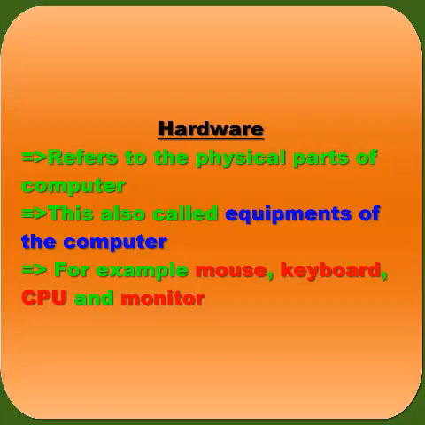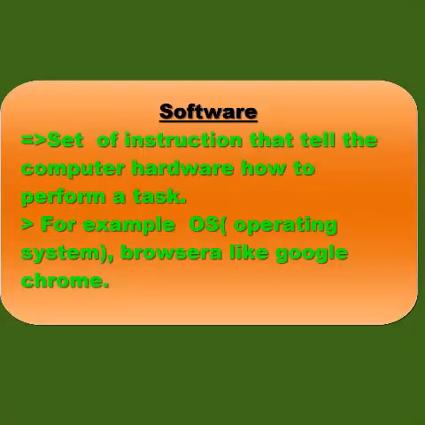The keyboard is the set of buttons which supports entry of data into the computer. The CPU, we call it the brain of the computer, and the monitor is where the data which you enter is displayed. As you see, there is a CPU, central processing unit, a mouse, a monitor for displaying, and the keyboard for entry of data.